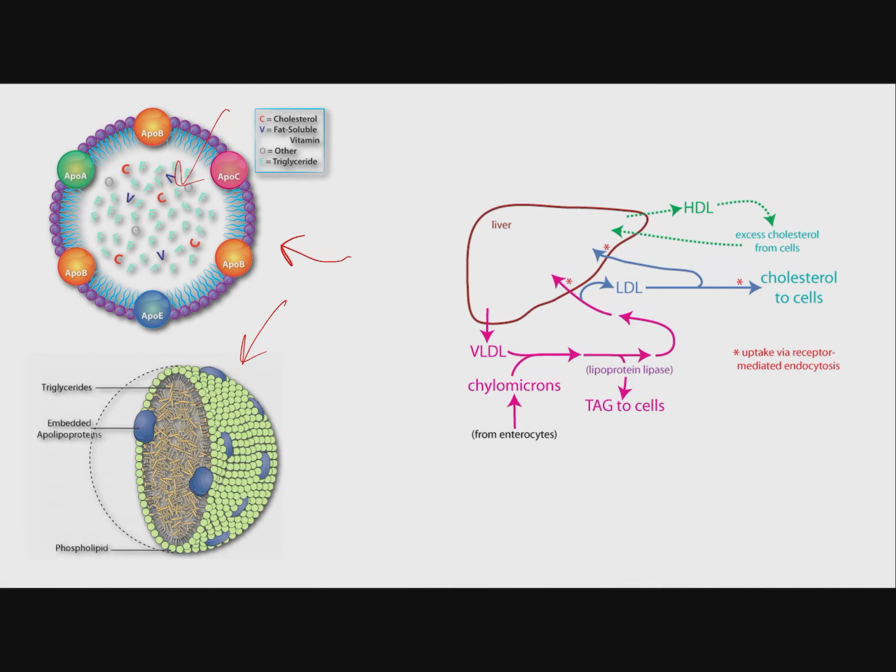Chylomicrons and very low density lipoproteins deliver the triacylglycerides to the cells in the body. Both have energy-rich triacylglycerides to deliver, so these are the best for getting energy to the cell.